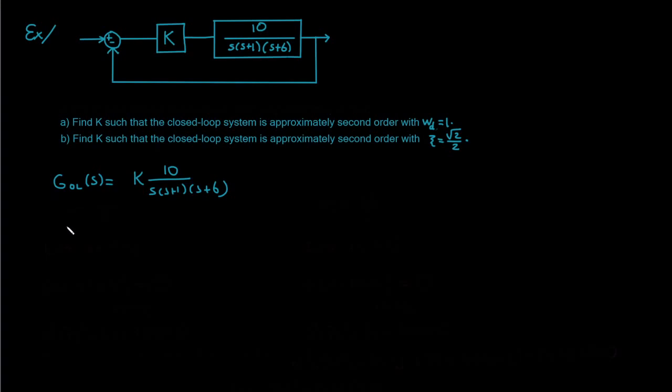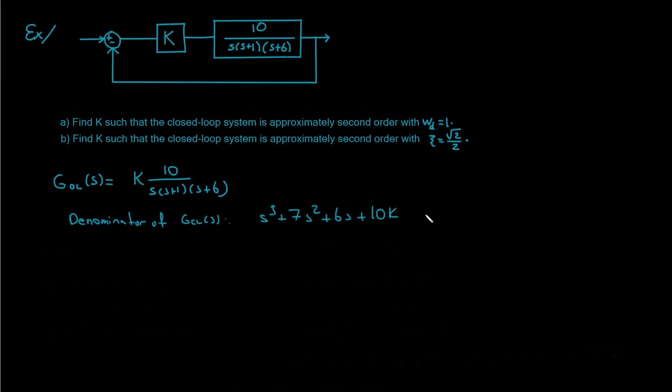The denominator of G closed loop of s will be equal to s cubed plus 7s squared plus 6s plus 10k, right? And this will give us the closed loop pole locations.